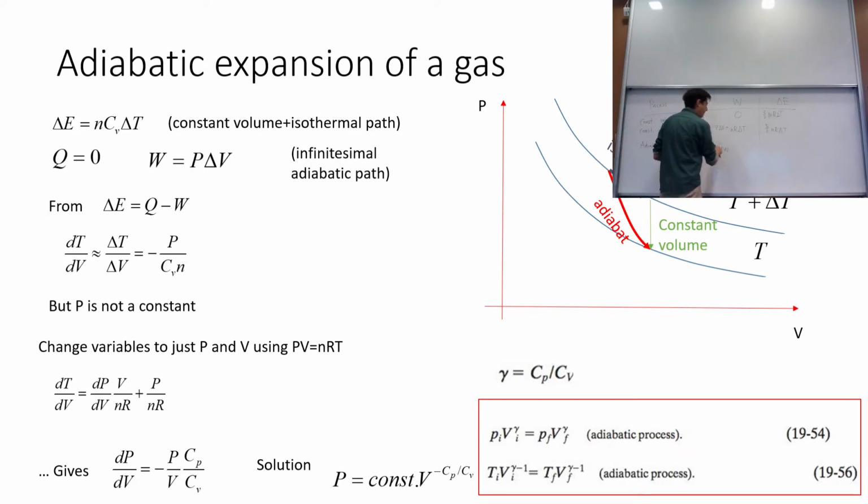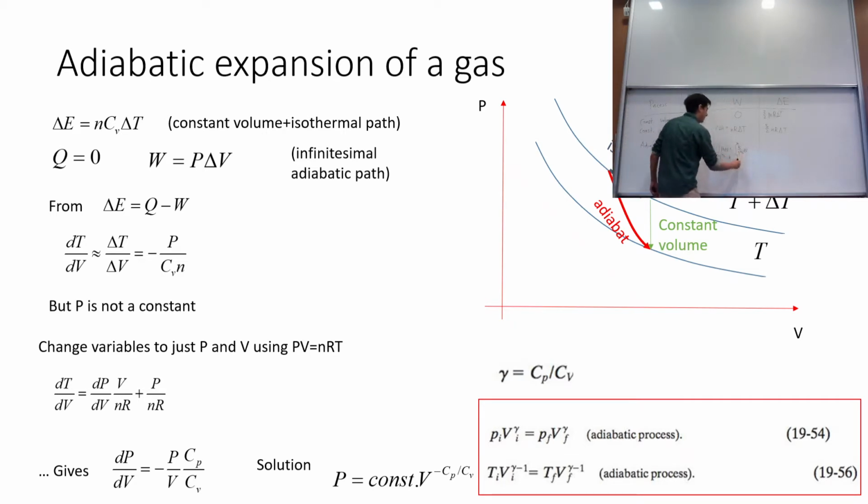So for example, imagine you're given some equation for the adiabat, PV to the power of Cp over Cv, and this is equal to, let's call it K, because that's equal to some constant, right? So that means we have a formula for P. This is just K over V to the power of Cp over Cv, and we integrate from V initial to V final. It's simple enough to integrate this.